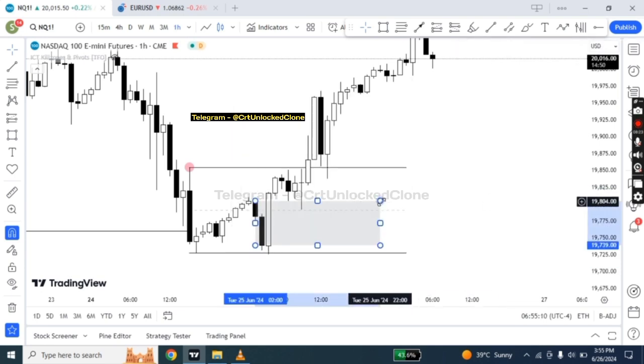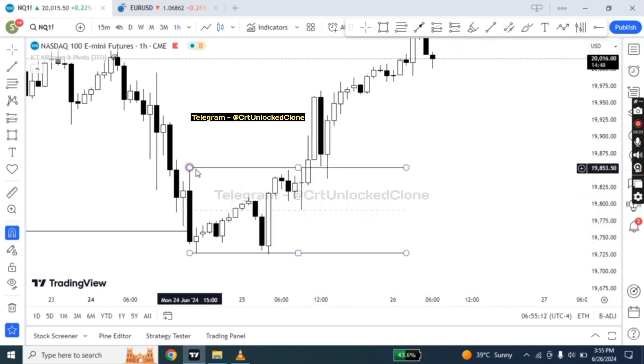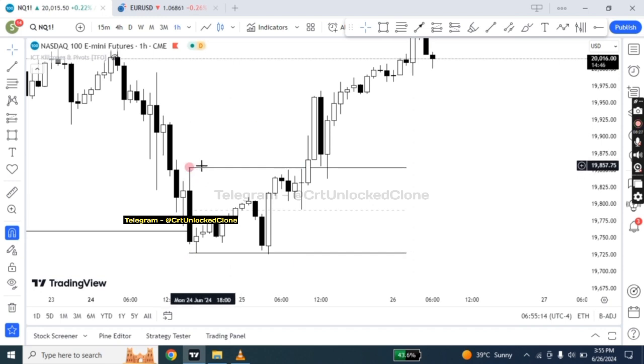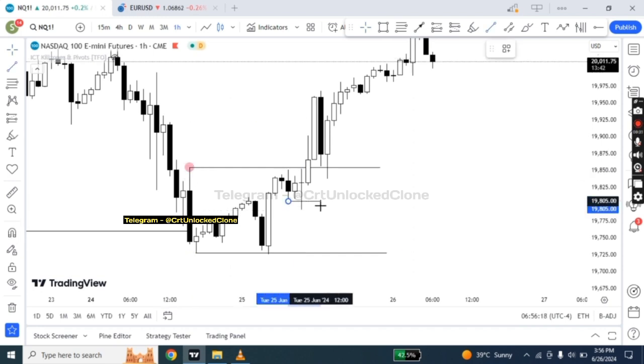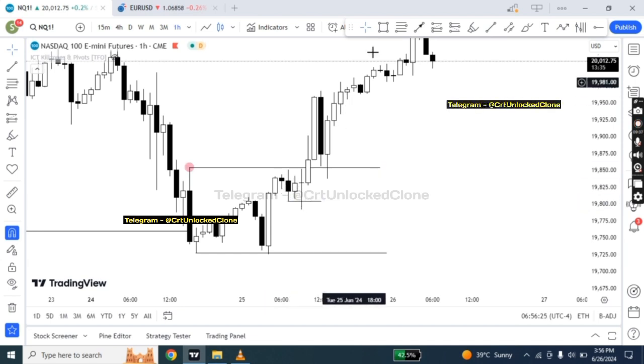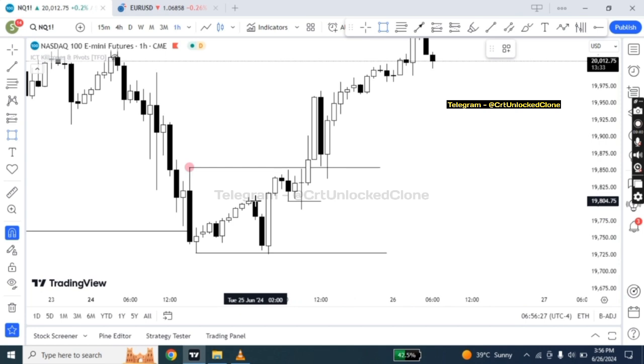And I started looking for another potential trade towards that drawn liquidity on the 1 hour. For that, I started looking for a CRT, and then I found this candle right here, and I chose this particular candle as my CRT. The reason I chose this particular candle is because of two predominant factors.